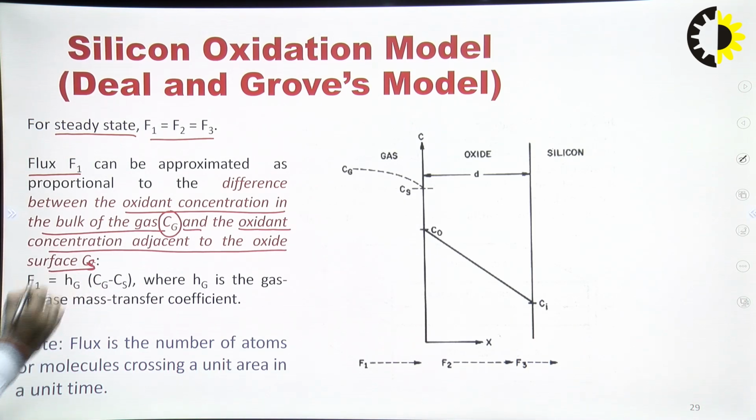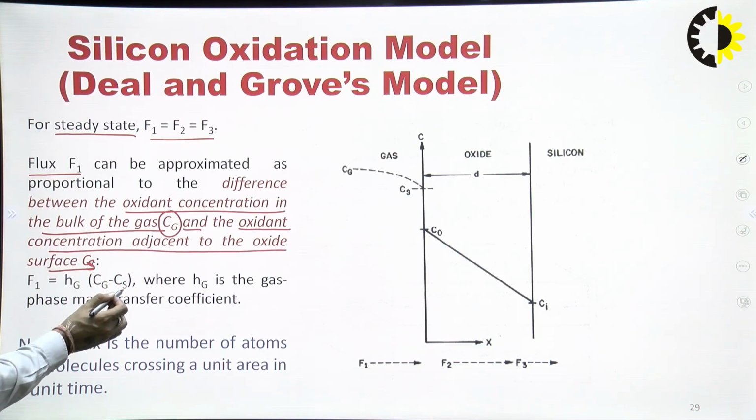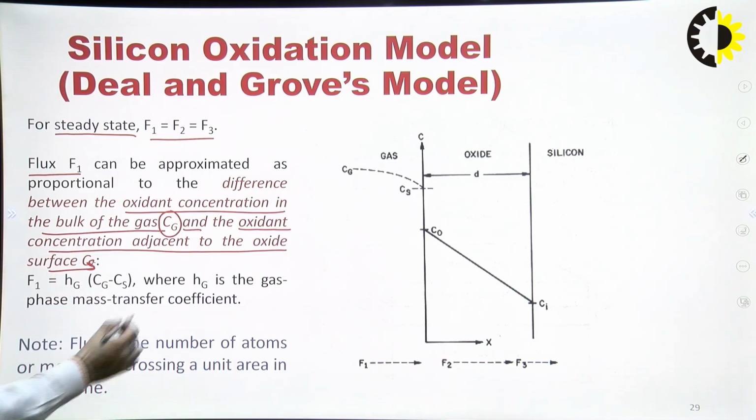So the flux is given by Hg into Cg minus Cs, where Cg is the oxidant concentration in the bulk of the gas, Cs is the oxidant concentration at the oxide surface, and Hg is the gas phase mass transfer coefficient. This is the expression for F1.